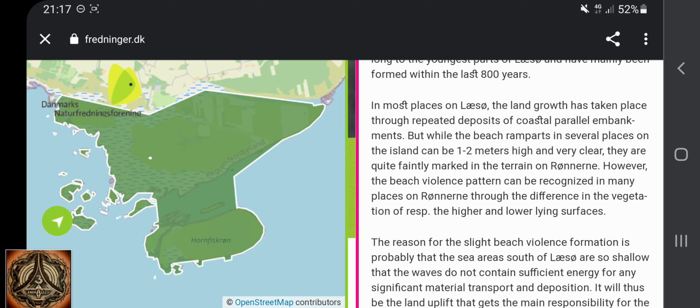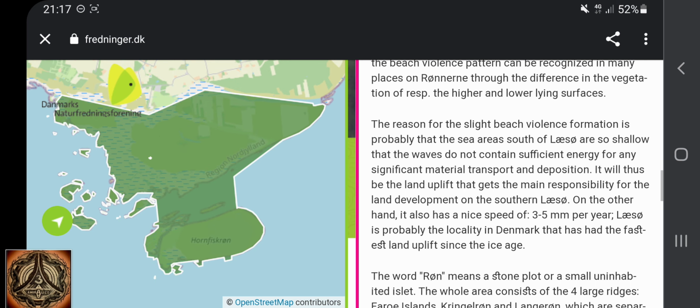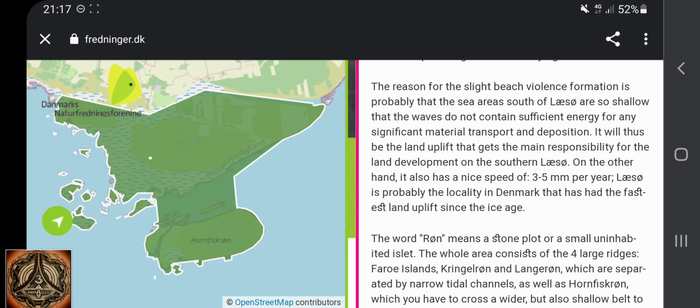However, the beach rampart pattern can be recognized in many places on Rønnerne through the difference in the vegetation of the higher and lower lying surfaces. The reason for the slight beach rampart formation is probably that the sea areas south of Læsø are so shallow that the waves do not contain sufficient energy for any significant material transport into position.